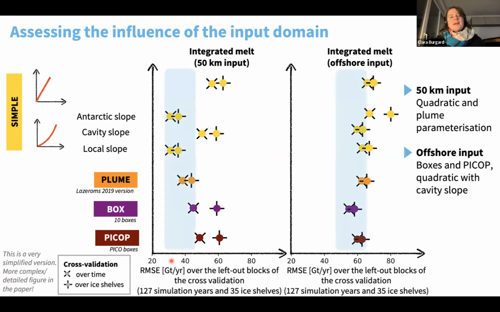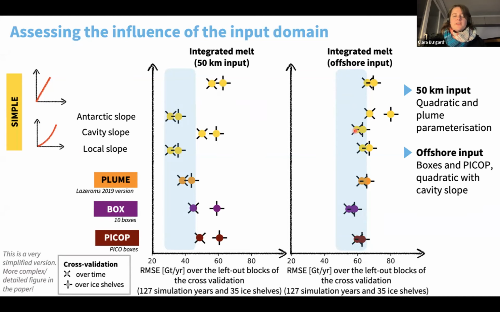And if we want to decide which is best in this context, for the 50 kilometer input, it's the quadratic using a constant Antarctic slope or a local slope, or the plume parameterization. And for the offshore input, the RMSE is higher for all and they're quite similar. But if we want to decide on some, we could say that the box and the PICOP and maybe the quadratic with the cavity slope have comparably lower RMSE.